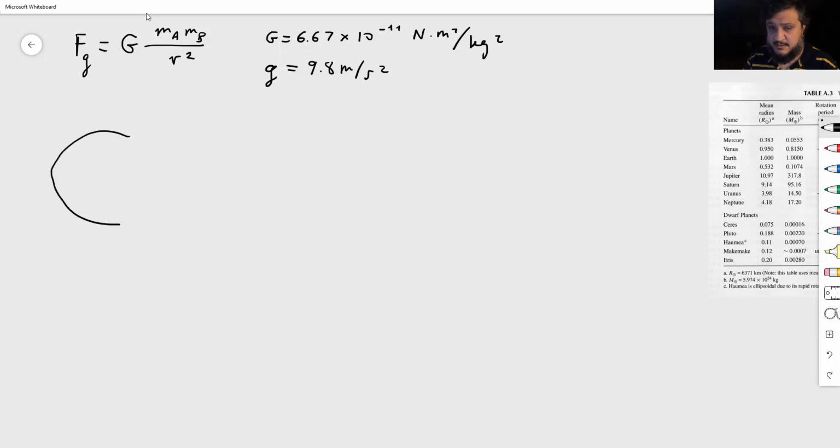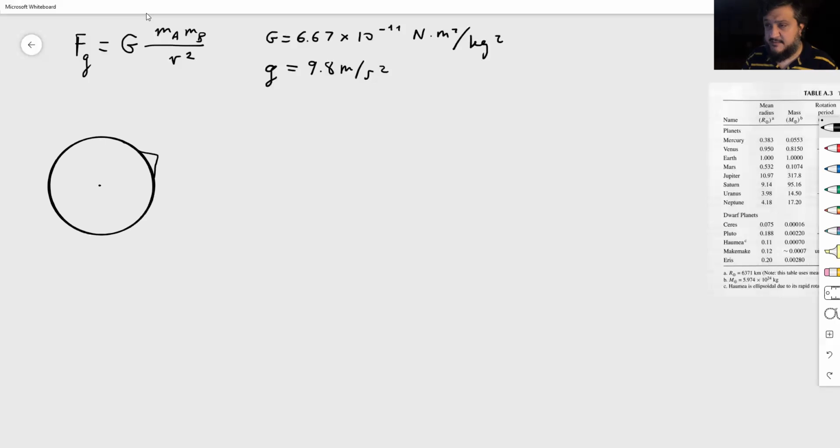So, for instance, if you move towards the poles, you'll get closer to the center of the Earth. In addition, you have mountains and high elevation places. So you expect g to change at those places too. And here's how we'll see how g changes as you move around the Earth.